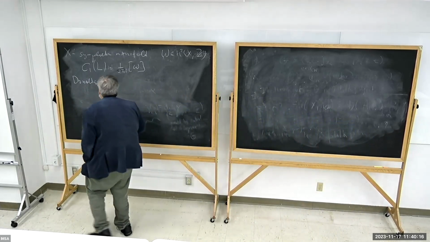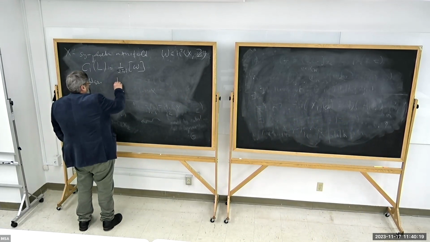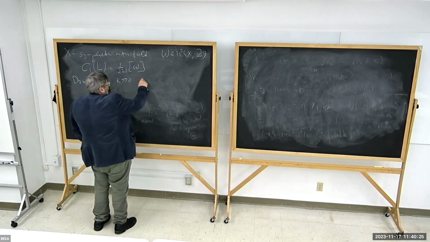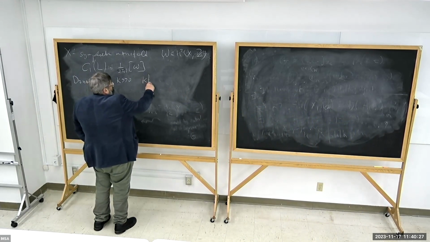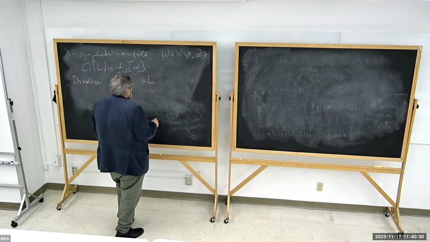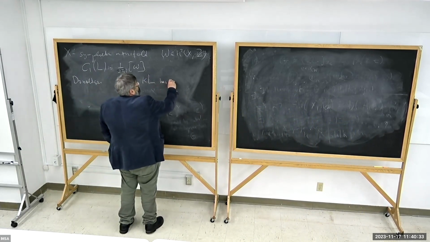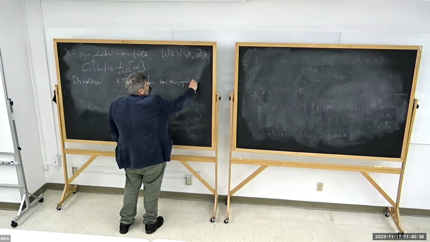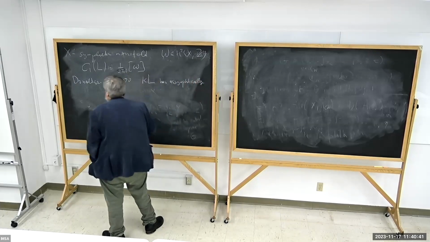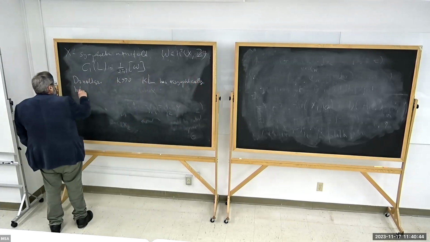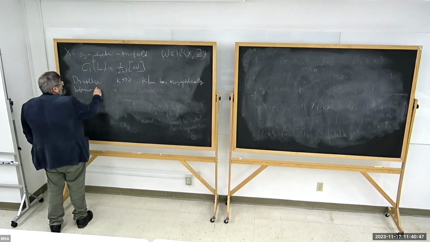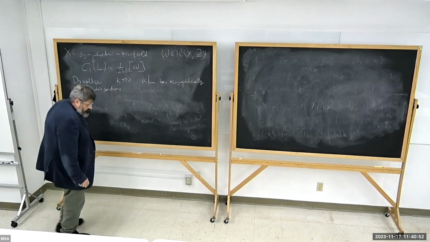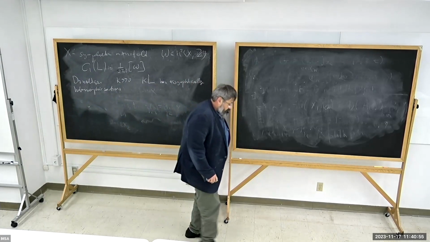So for k big enough, the bundle L^k has asymptotically holomorphic sections.